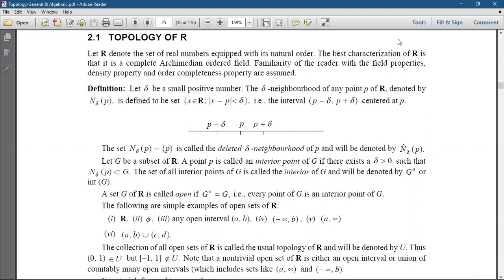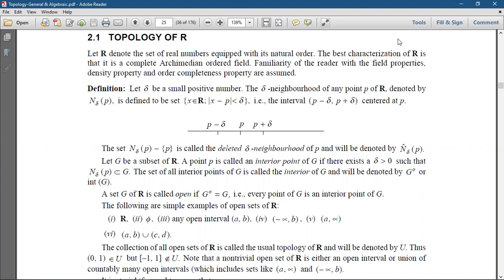This is called the neighborhood of the point P. Next is the deleted delta neighborhood. If we delete the point P from the neighborhood of P, then this is called the deleted delta neighborhood of P.